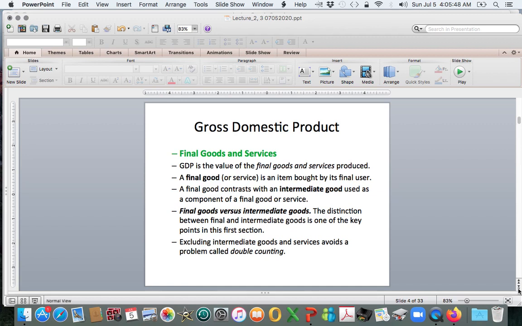If you looked at the cost of tires, material needed to build the engine, car seats, steering, dashboard, all the metal required to make the chassis of the car, and many other components, and then we calculated the price of the car as a whole as well, we would run into the problem known as double counting. So to avoid that, we exclude the intermediate goods or services, and we only look at the final goods and services.